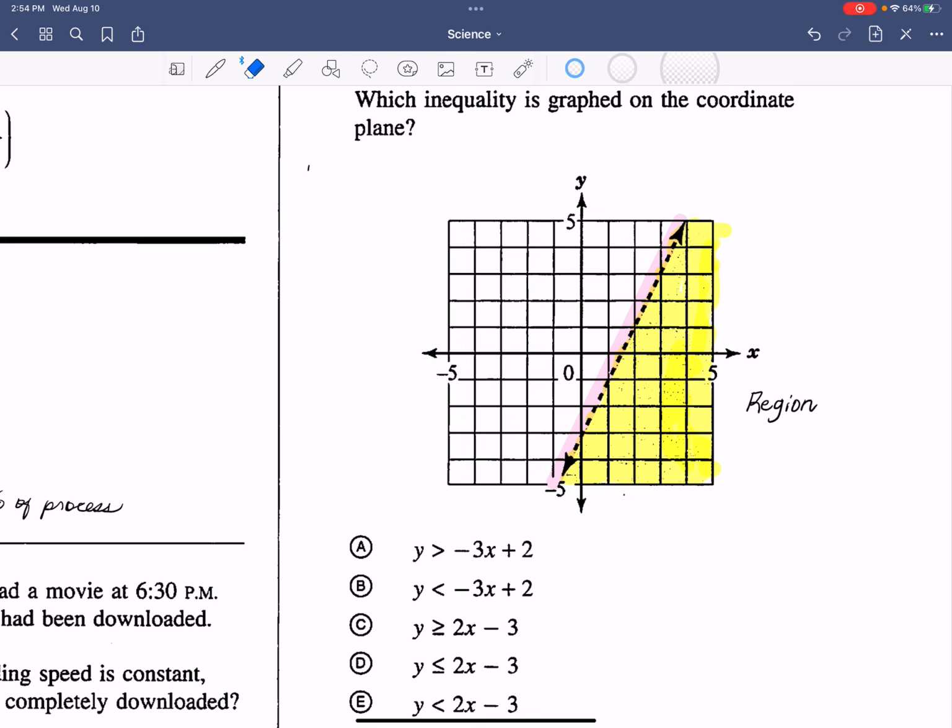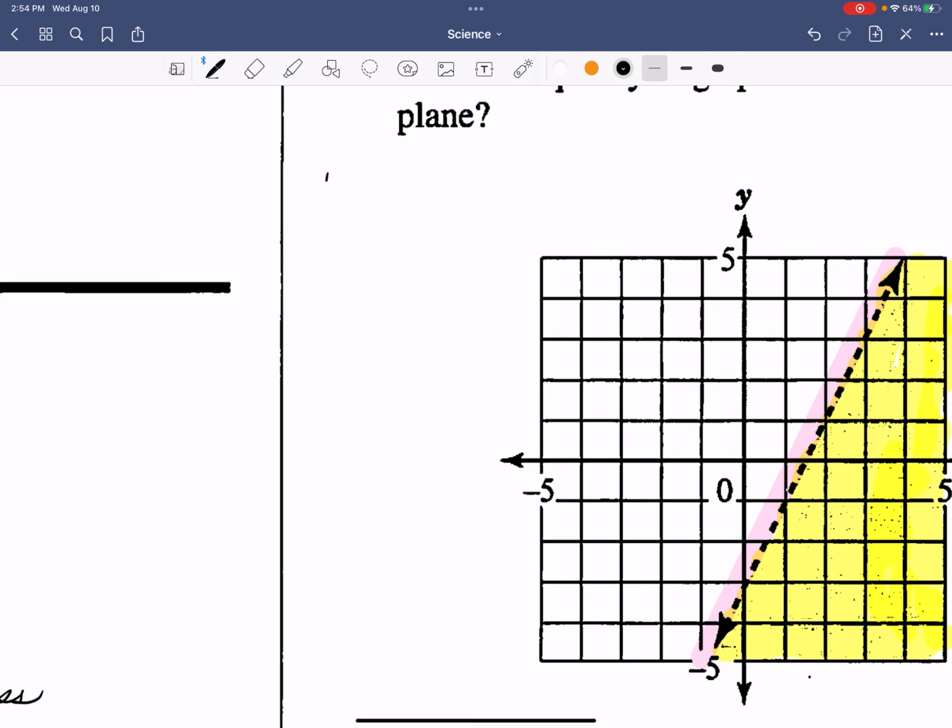So, first thing I need to do though is find the equation of that pink line. We've got to be able to know what that line is because it's the boundary of this region. So let's start there. Your student will have to know the general formula for an equation that is y equals mx plus b. So they have to know slope-intercept form.